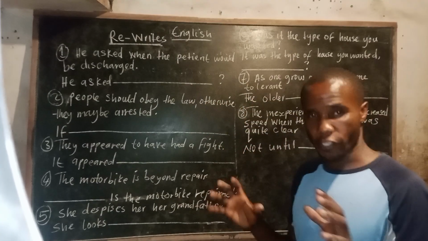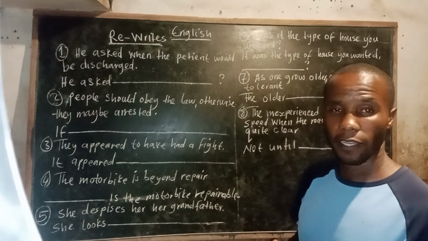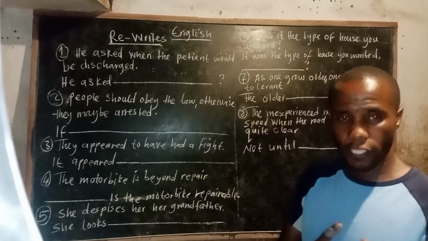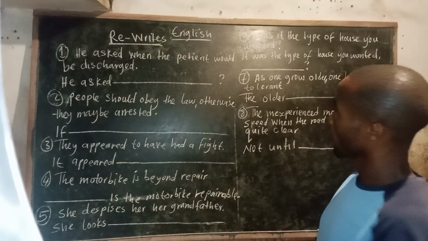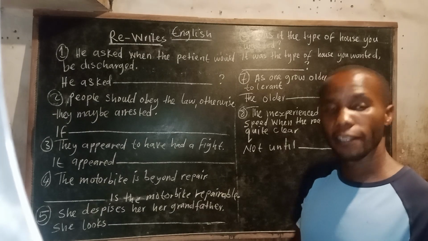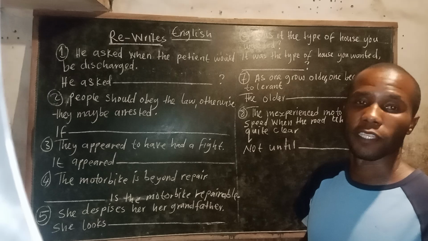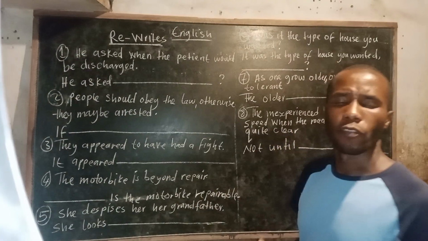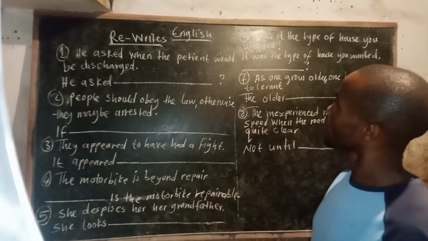In English, senior secondary, rewrites are always 10, and each question carries 1 mark. So there are a lot of marks there. You can imagine 10 marks. You don't just lose such a huge number of marks. You have to make sure that you correct them all. So let us look at rewrites.